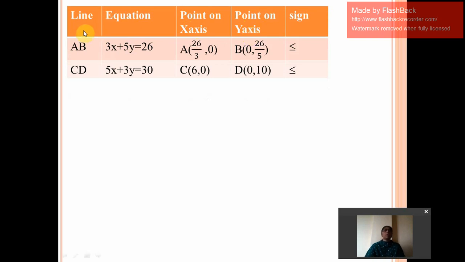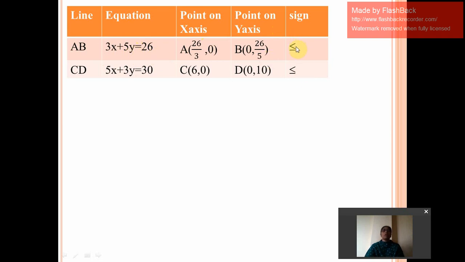In this example, two lines AB and CD. AB equation 3x plus 5y is 26, CD equation 5x plus 3y is 30. Point on x axis, put y is equal to 0, 3x is equal to 26, that is x is equal to 26 by 3, 0. Point on y axis, x is equal to 0, 5y is 26, y is equal to 26 by 5.